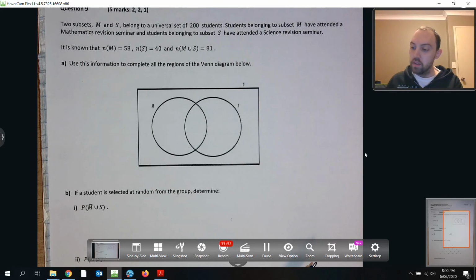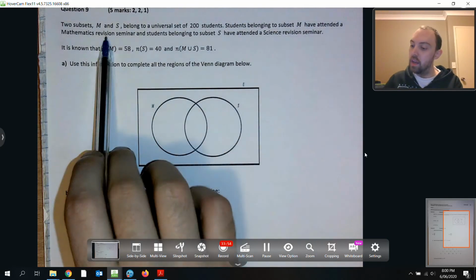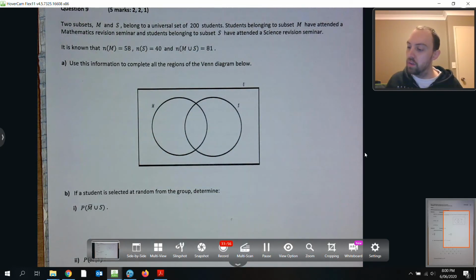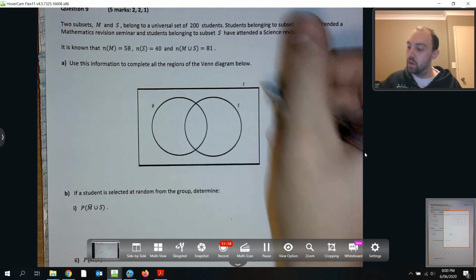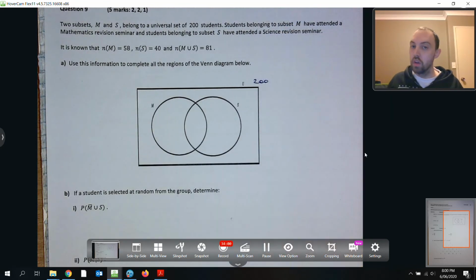Question 9. Two subsets M and S belong to a universal set of 200 students. Students belonging to subset M have attended a mathematics revision seminar, and students belonging to subset S have attended a science revision seminar.